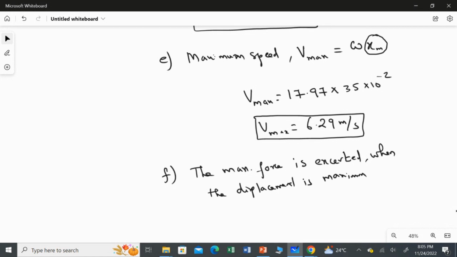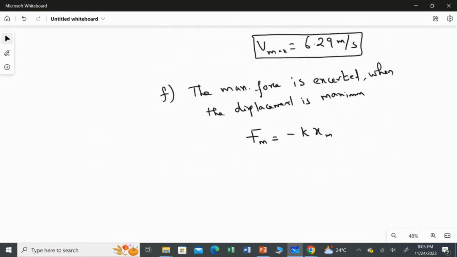So which rule are we going to use? F max is equal to minus k times x max, which is our amplitude, right? I'm going to take only the magnitude. If you take the magnitude, we can easily discard this negative, because the absolute value of the negative is positive. Am I right? So I took the magnitude of the force.